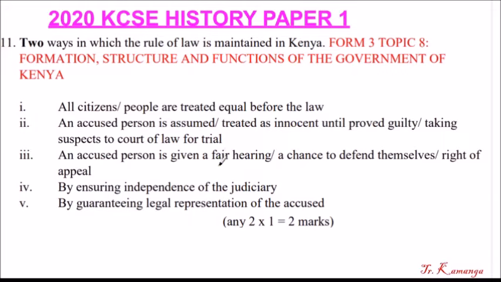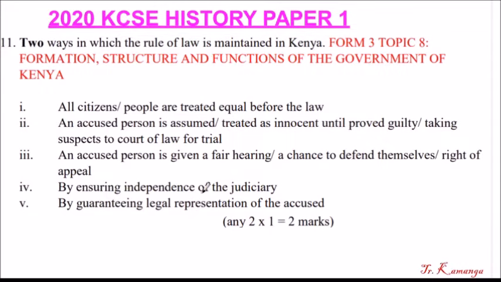So when you are taken to court of law, you are given a fair hearing. So the magistrate or the judge hears your side and makes judgment depending on what he has observed from the evidence given.